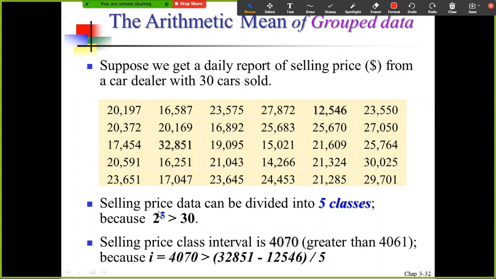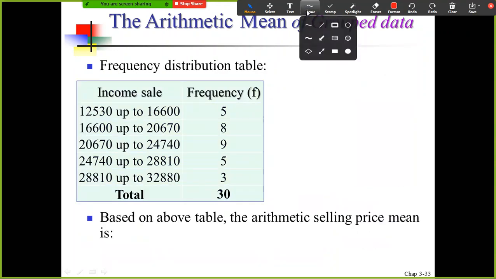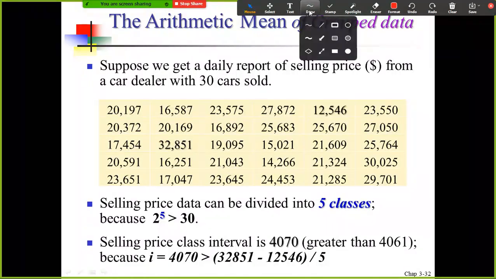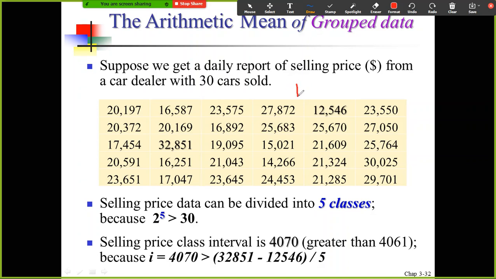Okay, the selling price of the cars can be divided into 5 classes. Why 5 classes? Because n, the sample size, is equal to 30. This is a sample of a population, but it is talking about one day, or maybe we just select some day among a month.